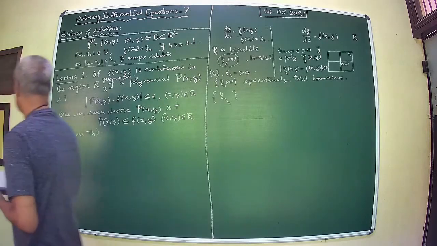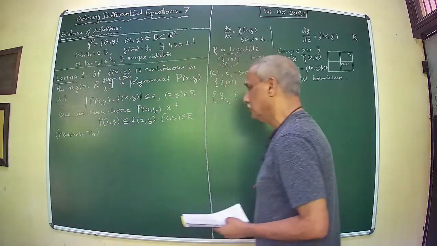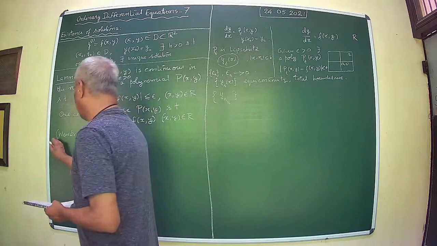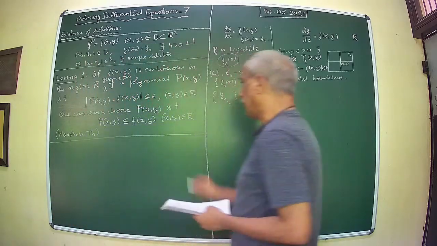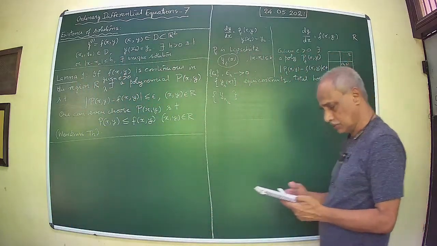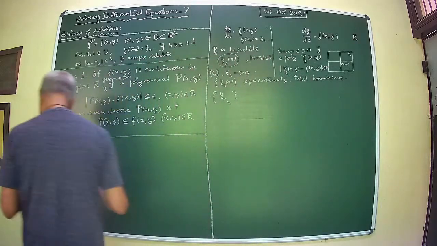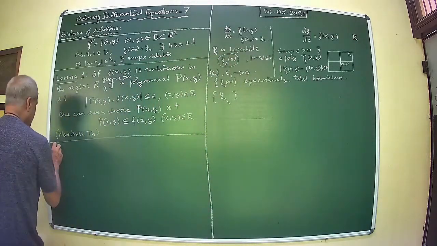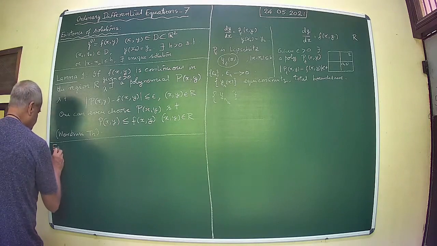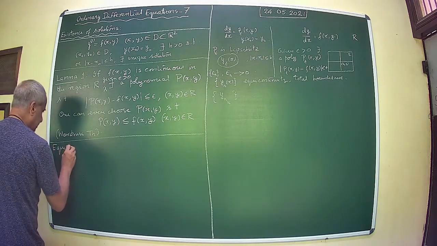Okay, so this is one of the theorems that we are going to use. Now the next concept that I am going to use is this. We introduce the concept of equicontinuity.